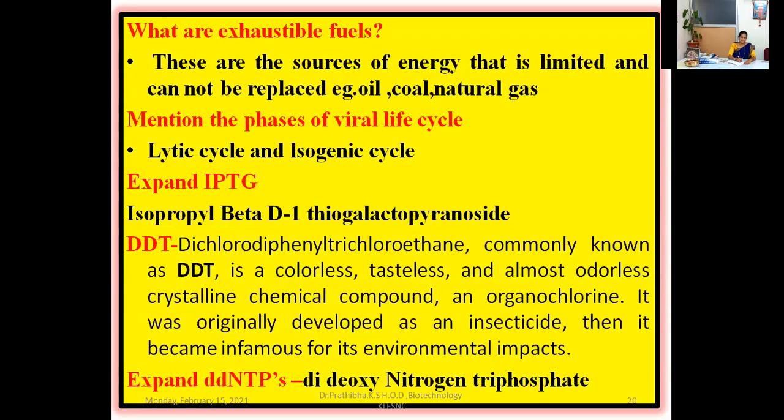Next, what are exhaustible fuels? These are the sources of energy that are limited and cannot be replaced, for example, oil, coal, natural gas. Mention the phases of viral life cycle: lytic cycle and lysogenic cycle. Expand IPTG: isopropyl beta-D-1-thiogalactopyranoside.